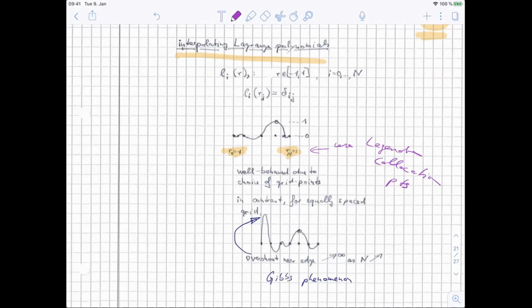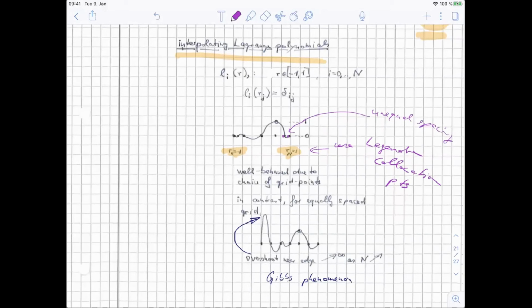There's a smaller spacing near the boundary, and this smaller spacing near the boundary allows interpolation without Gibbs phenomenon.